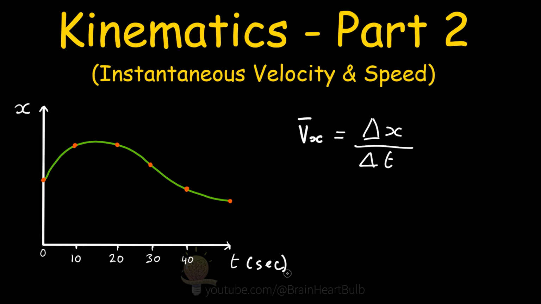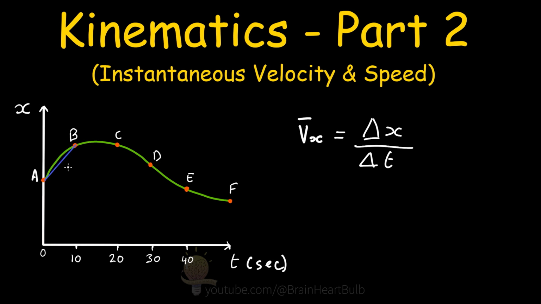With the instantaneous velocity, we can measure the velocity and speed from a position time graph at any point in time. So if I wanted to calculate the average velocity between times A and B, I would draw a straight line connecting these 2 points.